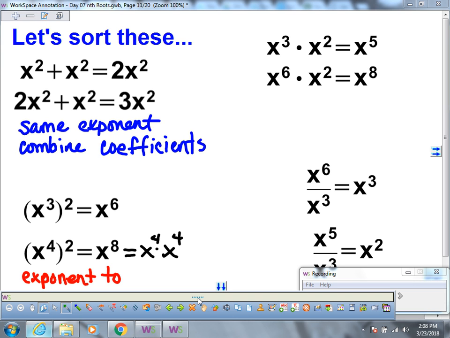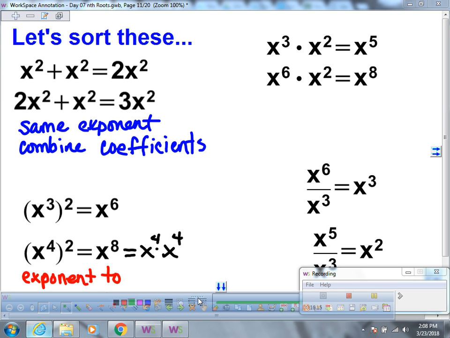All right, what about this one? Could we say we can expand them or add them?